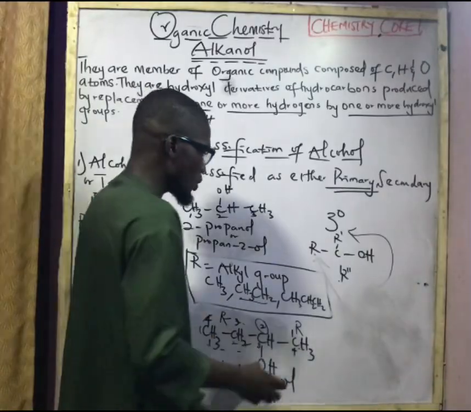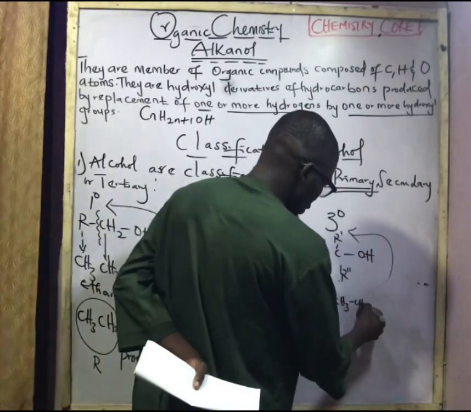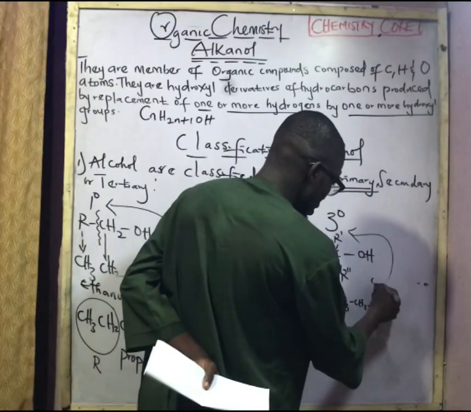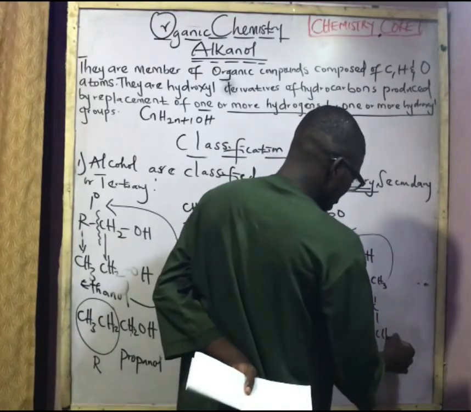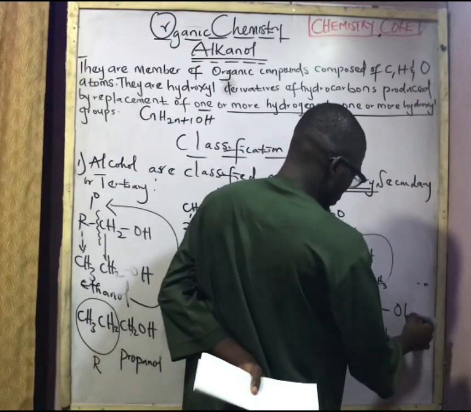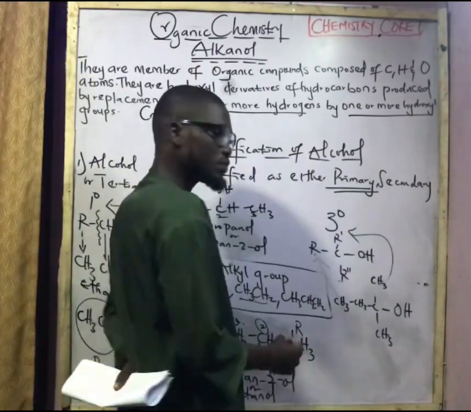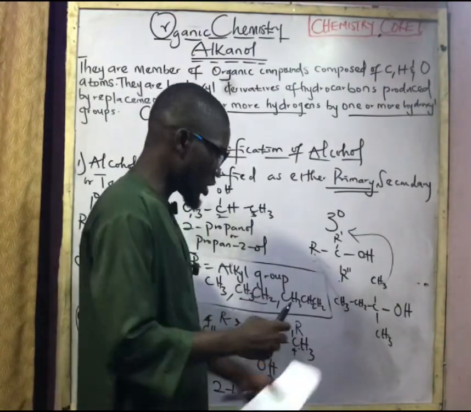Now, so we can easily say we have CH3, CH2, C, we have CH3 here, we have CH3 here, and here we can say we have OH. Are you with me now?